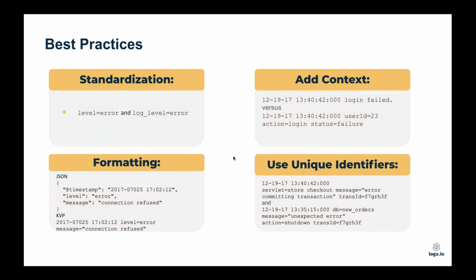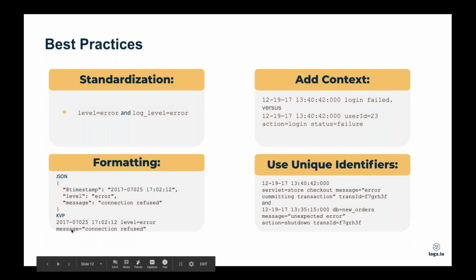So if you're working with an ELK stack and Logstash specifically, logging directly into JSON makes the transformation you have to do in Logstash much more lightweight, with a lot less overhead. But something like key value pairs is still very effective because I know without a doubt that this field is level, that this field is message, and I can see exactly what value is mapped to it.